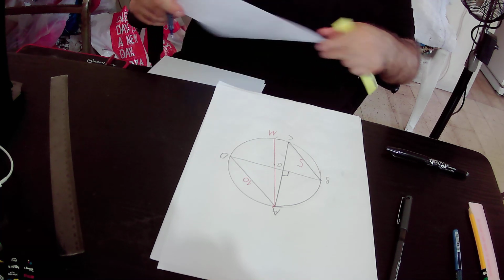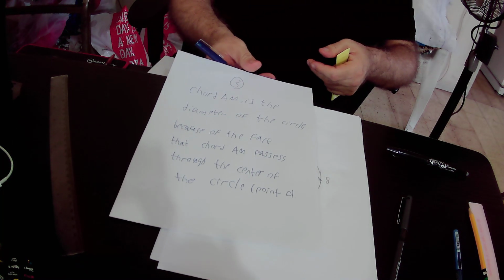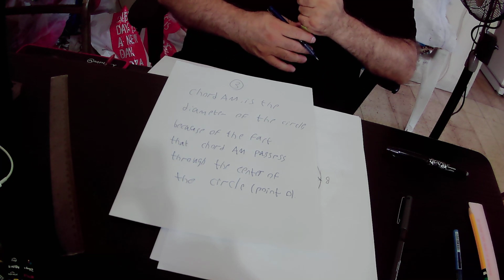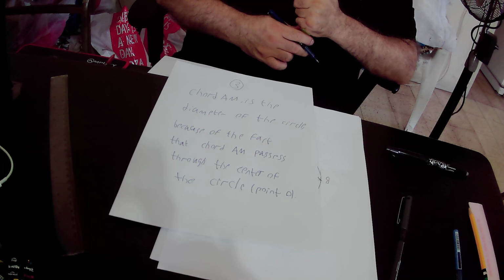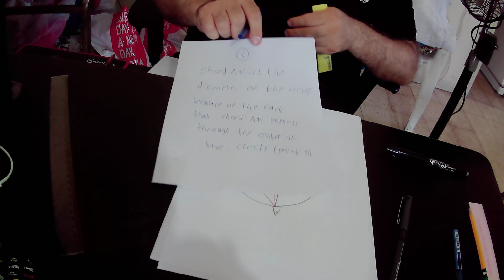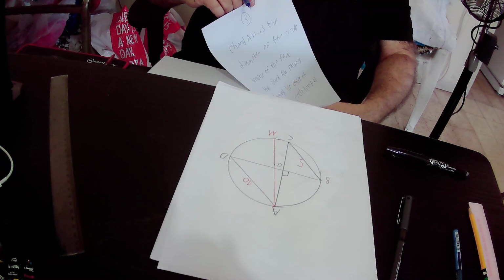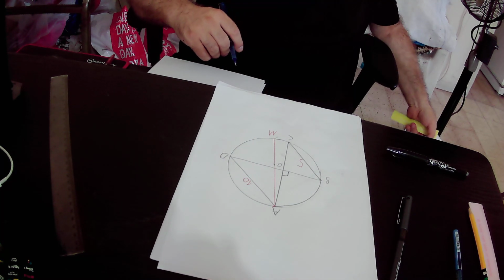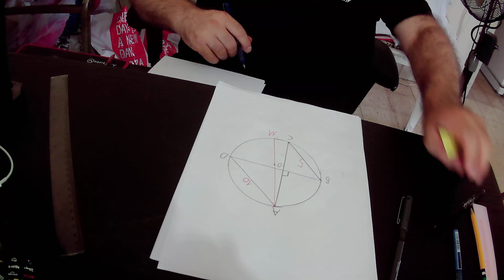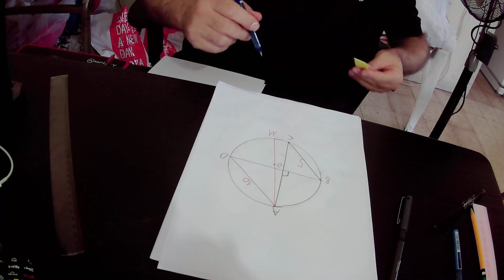Okay, again, chord AM is the diameter of the circle because chord AM passes through the center of the circle, that is to say from point O. Okay? In the next step, we will connect together points M and D by a straight line.